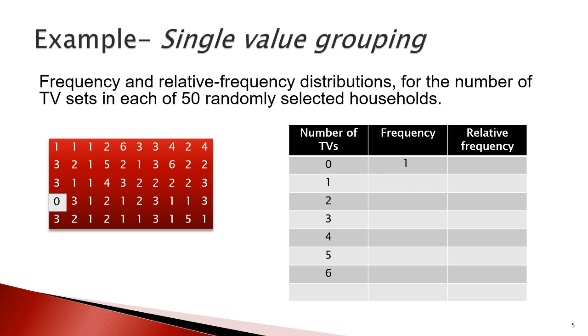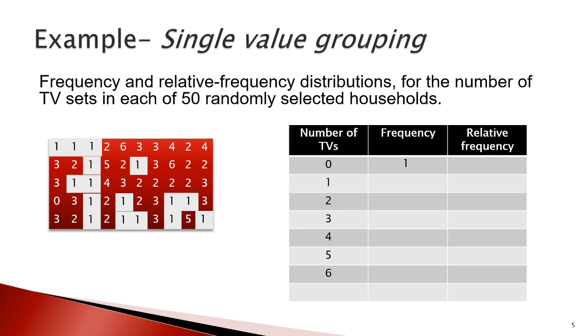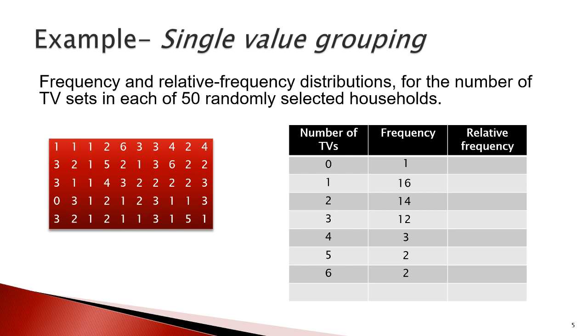Then 1 appears 16 times, so the frequency of 1 is 16. Similarly, we can fill the rest of the frequency values as 14, 12, 3, 2, and 2 for 2, 3, 4, 5, 6 respectively. That's how we calculate the frequencies for each number of TVs.